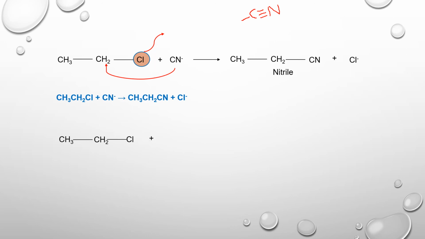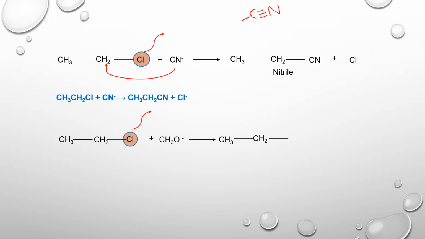So we have chloroethane, this time reacting with CH3O minus. CH3O minus is called a methoxy group. Now when the reaction takes place, the parent will remain the same.